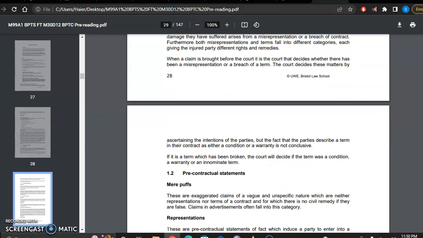When a claim is brought before the court, it is the court that decides whether there has been a misrepresentation or breach of term. The court decides these matters by ascertaining the intentions of the parties, but the fact that the parties describe something as a term in their contract, or as a condition or guarantee, is not conclusive.